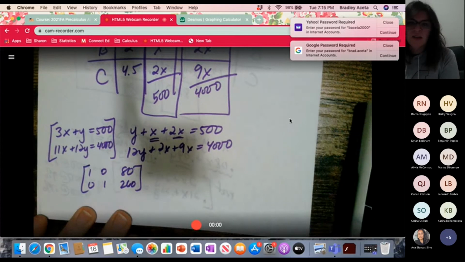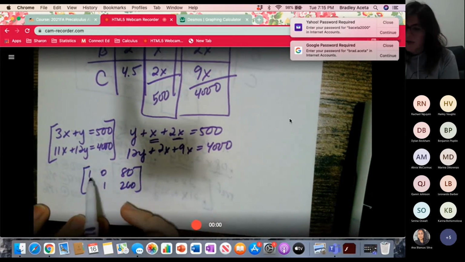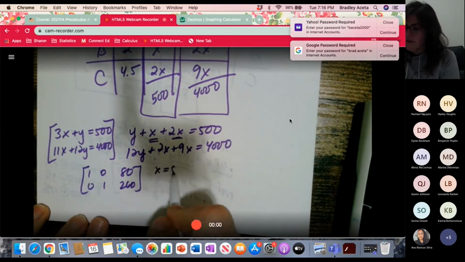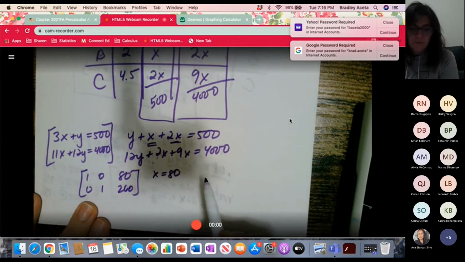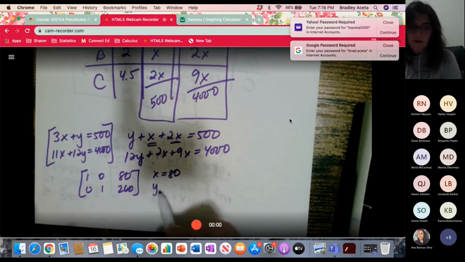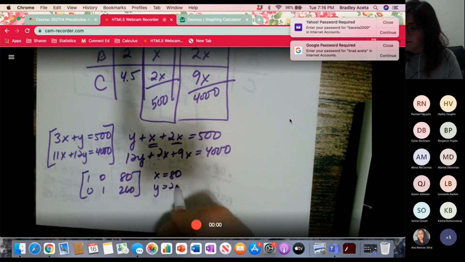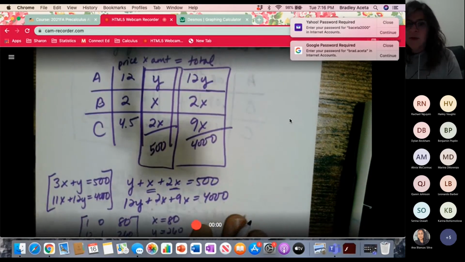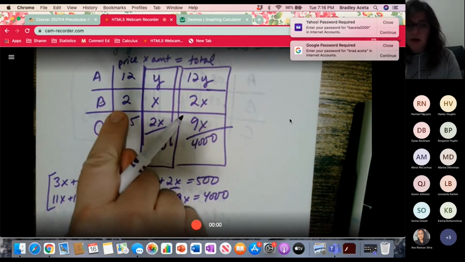That means, and again, you got to remember what this is. My X value is 80. And this is my Y value of 260. And go back up here to your chart. X is the $2 price seltzer.